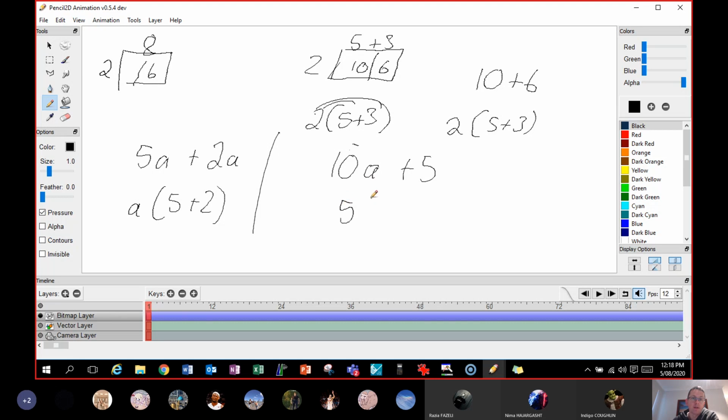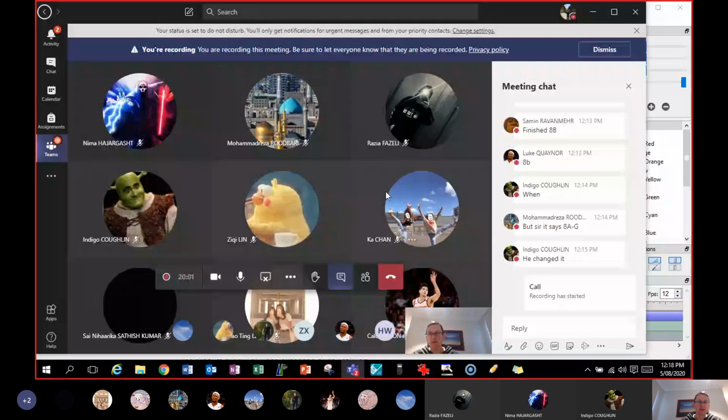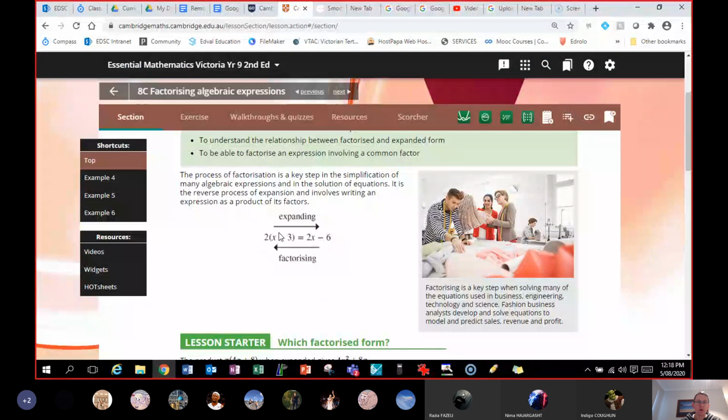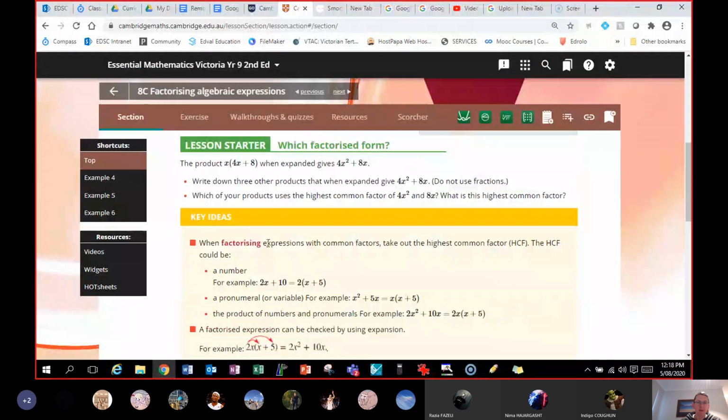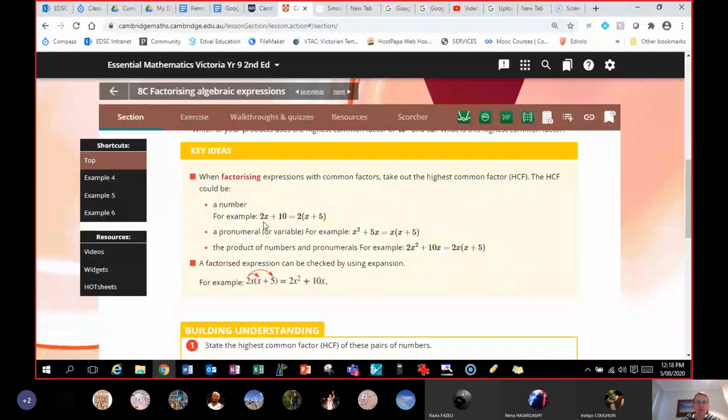I've got 5 times 2a plus 1, because if I expanded this, it would give me 10a plus 5. Really all we're trying to do through this subchapter is take out the common one. So here, for example, 2x plus 10, we can take out 2 because that would give me 2x and that would give me 10.